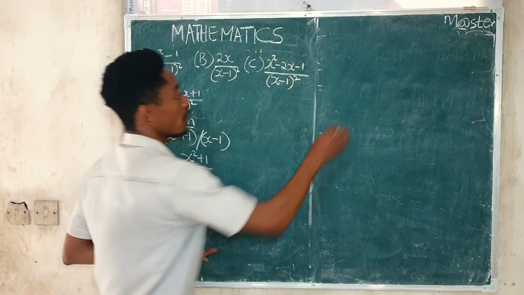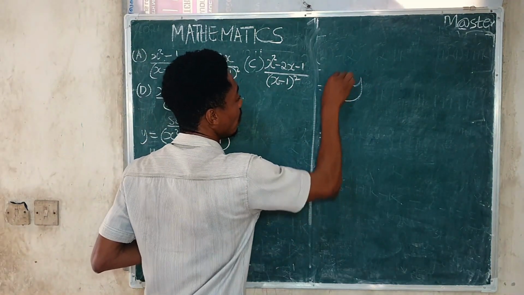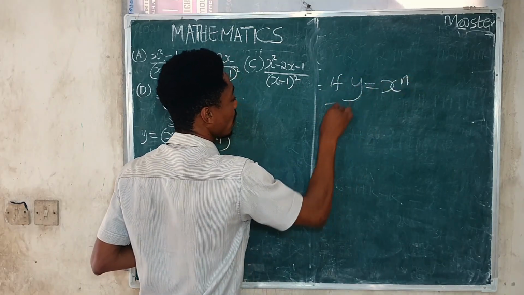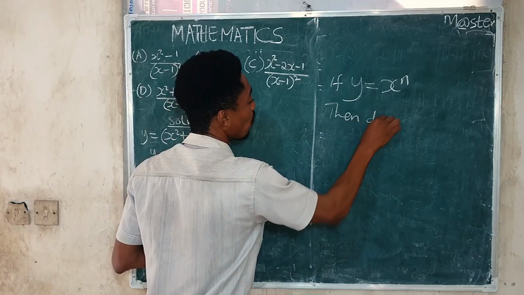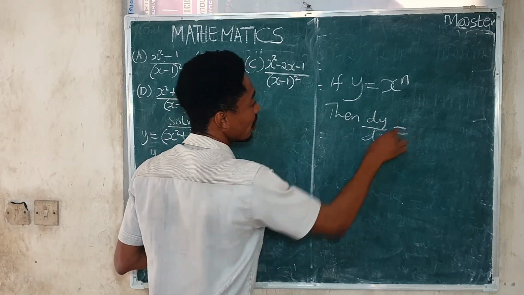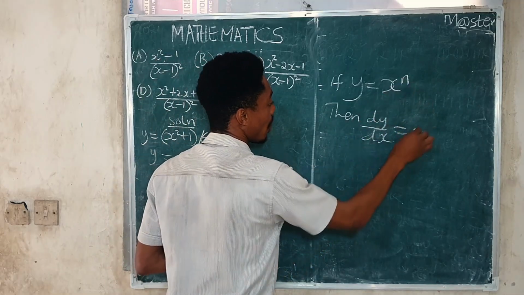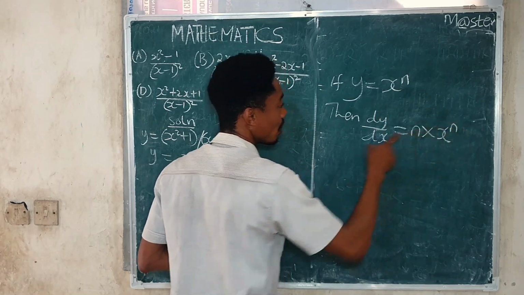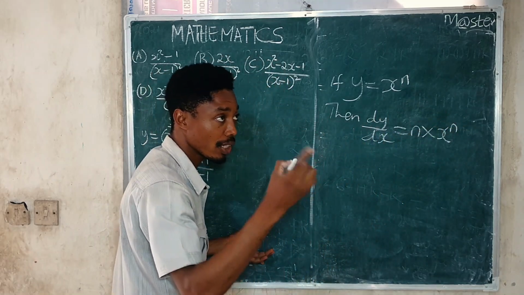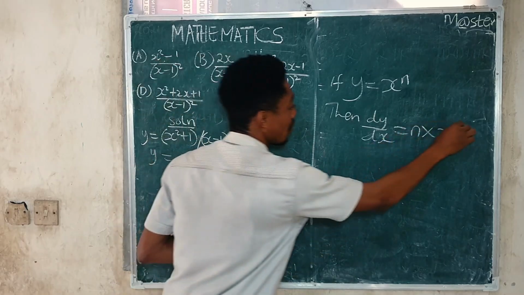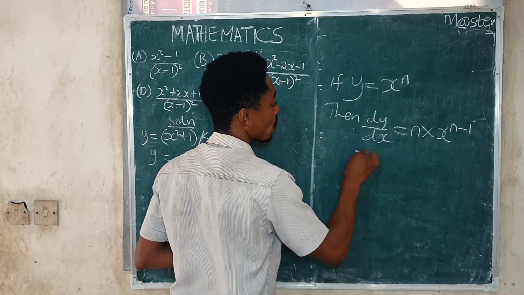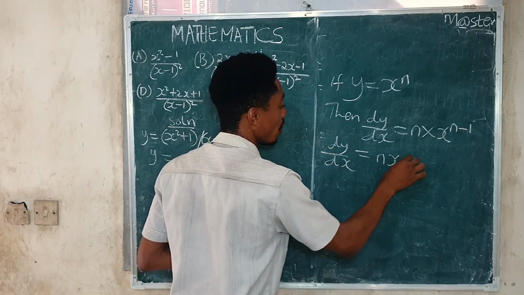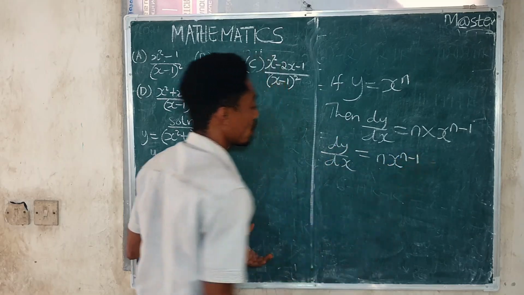differentiation, which says that if y equals x raised to the power n, then dy/dx equals n times x raised to the power n minus 1.